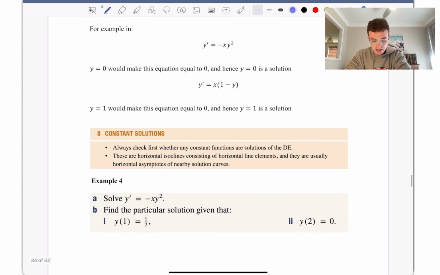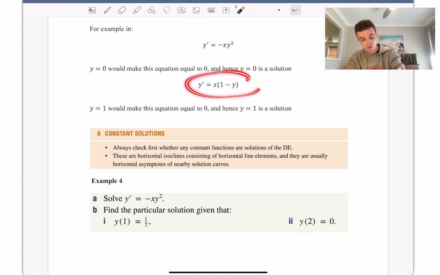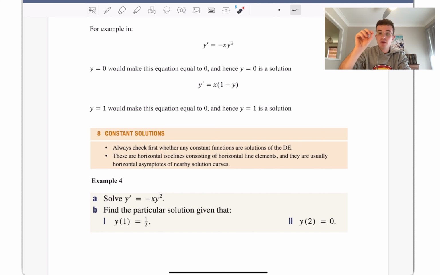In this second example, y equals 1 would make this 0, which means y equals 1 is a solution to this differential equation. When we looked at slope fields in the previous video, y equals 1 would be those horizontal lines, horizontal isoclines, which would correspond to horizontal line elements on your slope field.